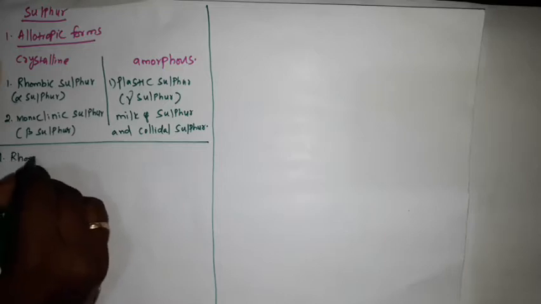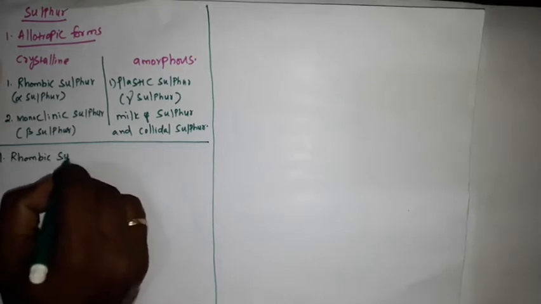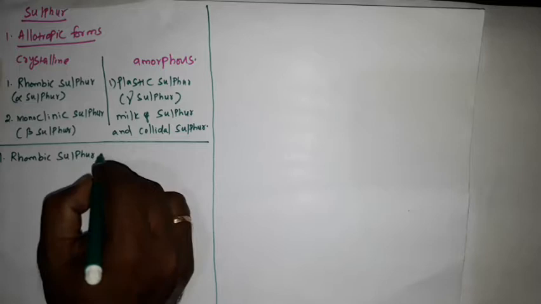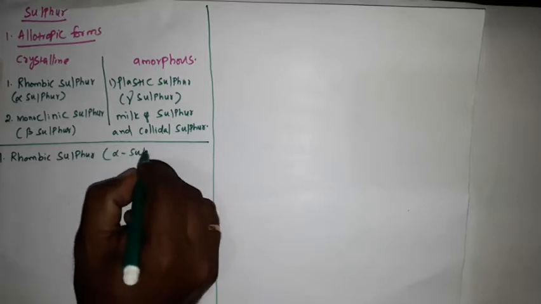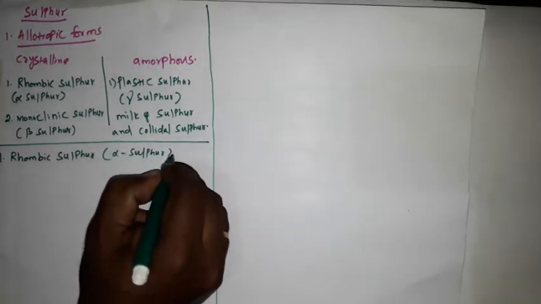Okay. So first we will see rhombic sulfur, or you can say alpha sulfur. Rhombic sulfur is very stable.